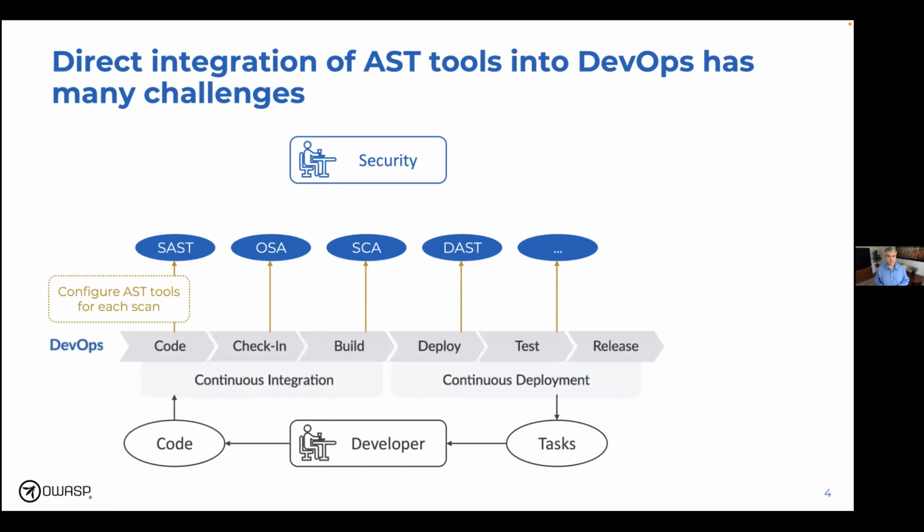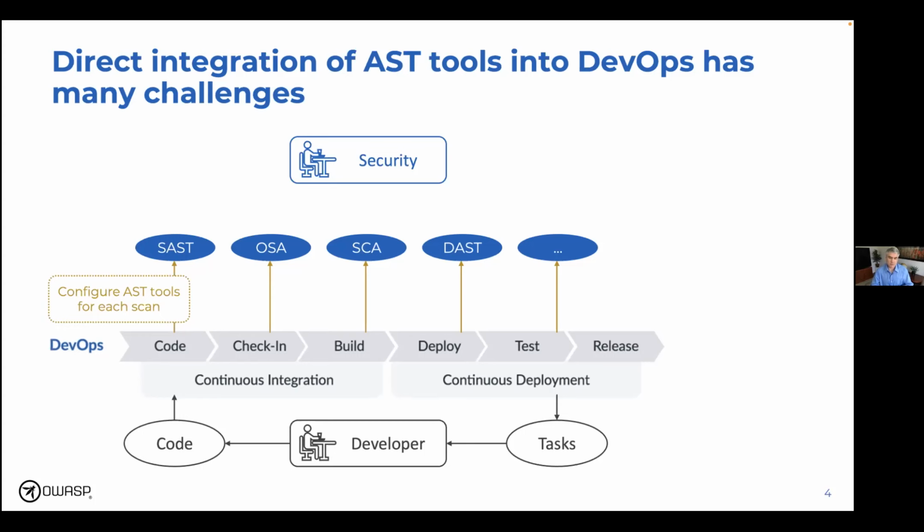Now, the challenge starts when people want to integrate these application security tools into their DevOps environment. And so here we will look at what is happening in a little bit more detail. On the bottom, you see the classic simplified DevOps process where there is code and then this code is checked in, a build is created, it's deployed, it's put in a test environment, and then maybe released to production.